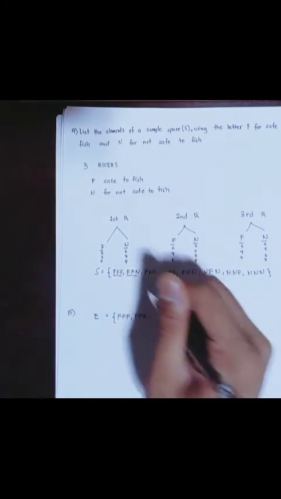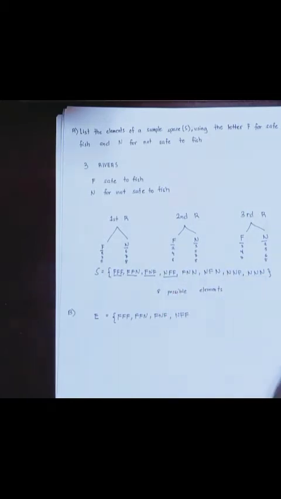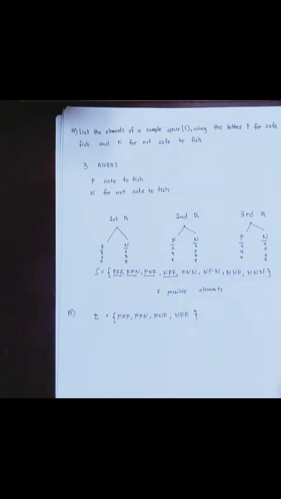So we have here the FFF, the FFN, the FNF, the NFF, and that's all. So we have 4 in the sample space.